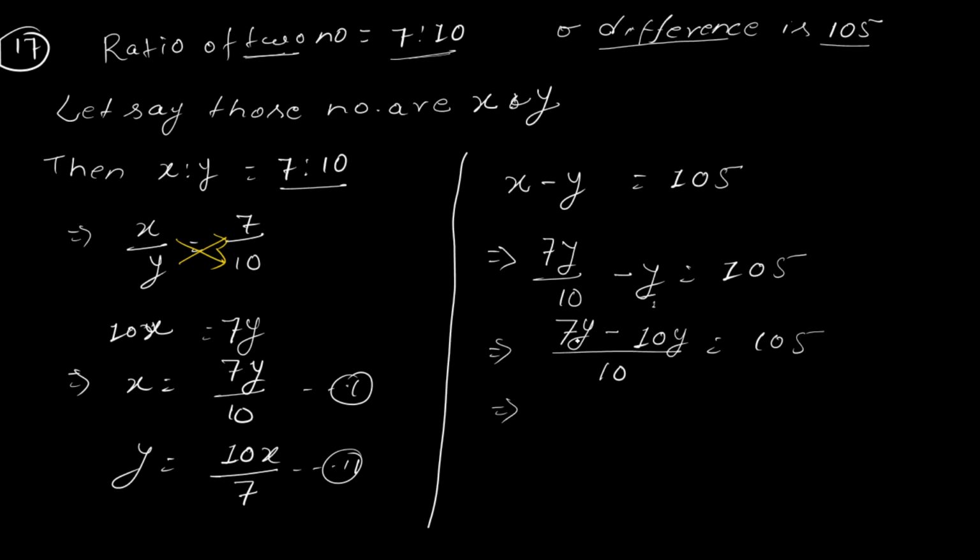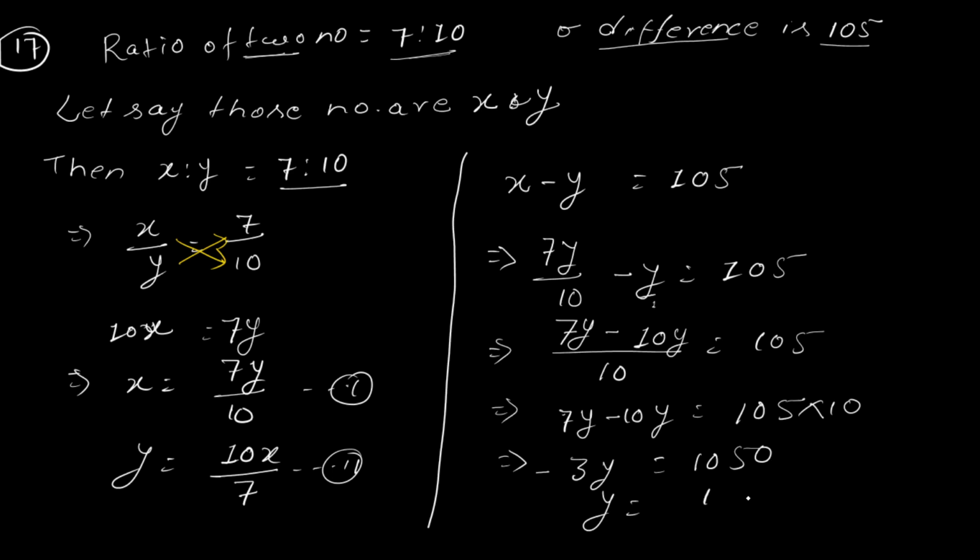So 7y minus 10y equals 105 multiplied by 10. Here we have minus 3y equal to 1050, and y equals 1050 divided by 3.